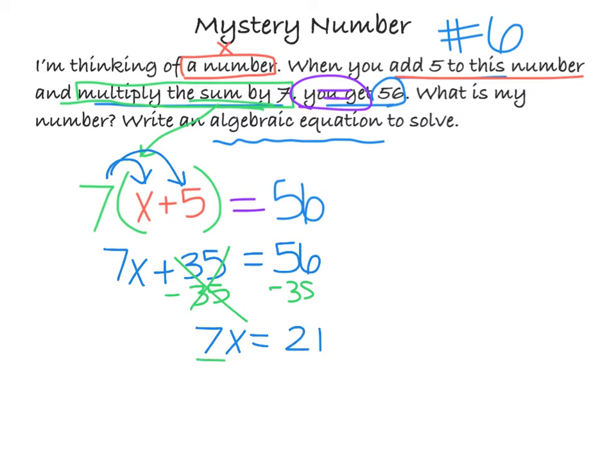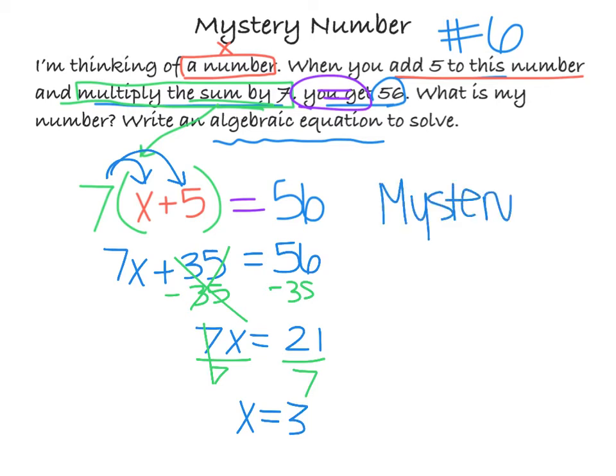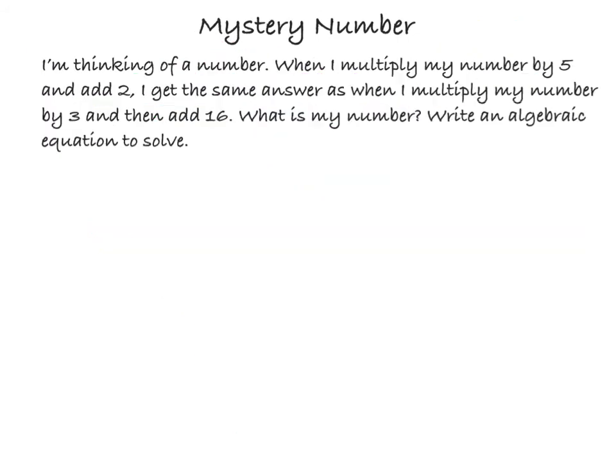And then we divide the left side by 7 to cancel it out, but I have to do the same on the right, and that leaves me with just x equals 3. So I'm thinking my mystery number is 3. And I would recommend going back to the original problem up here, plugging it in, and making sure you get to the solution it says you should.